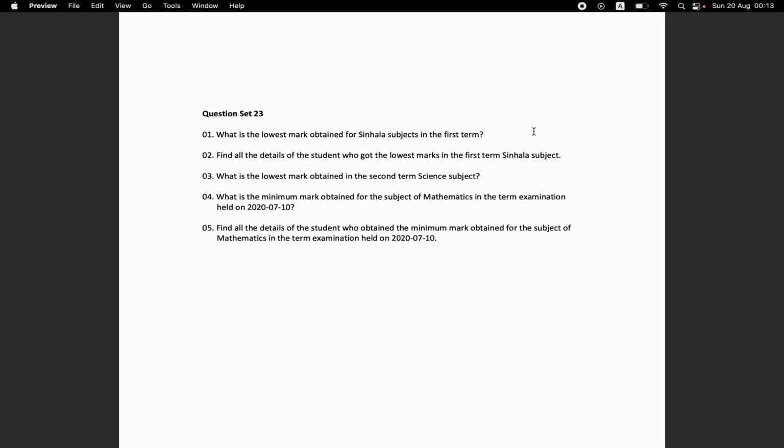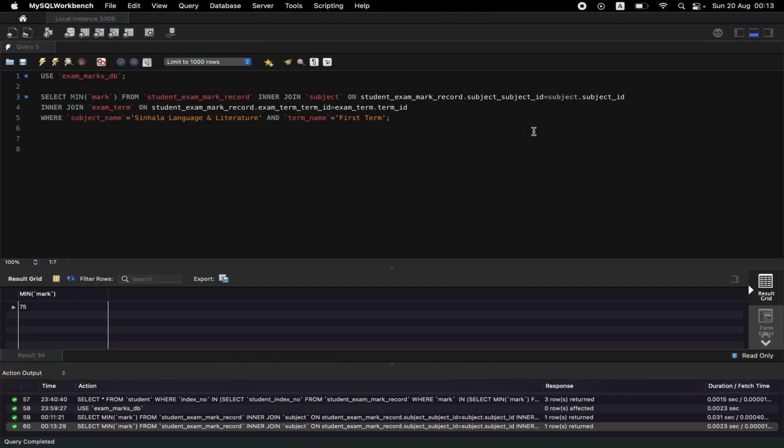The second question is, find all the details of the student who got the lowest marks in the first term single subject.